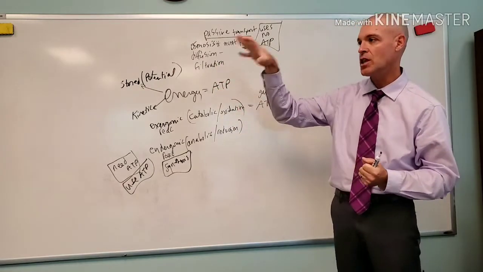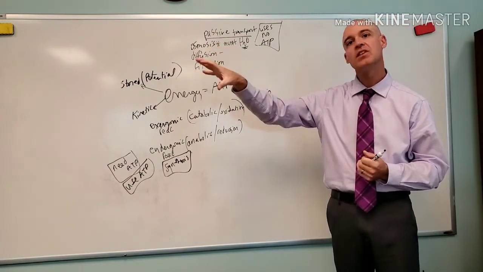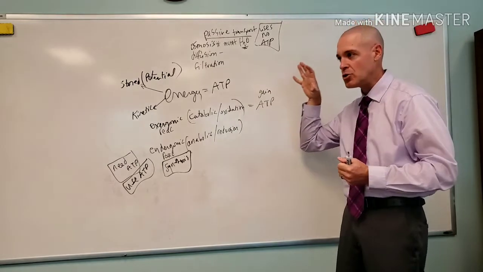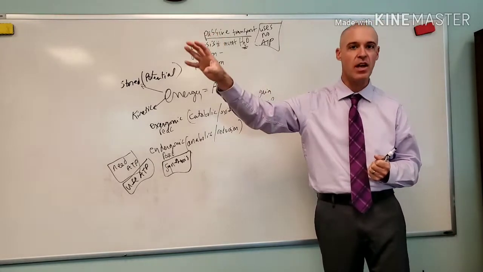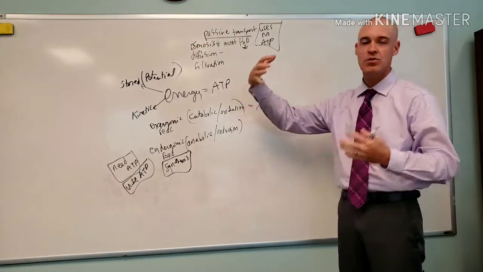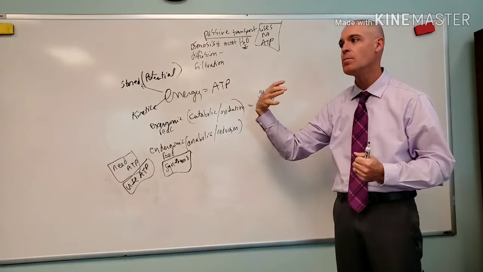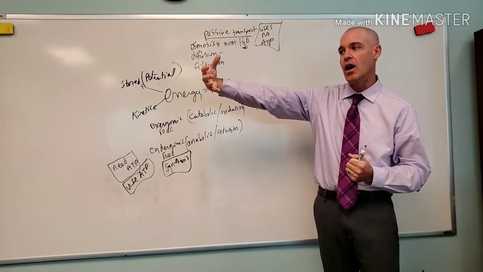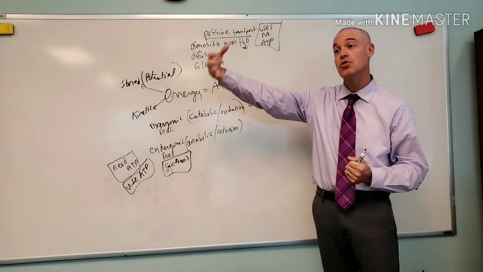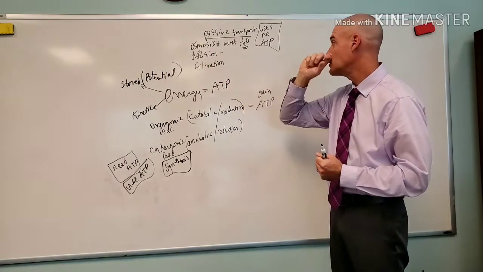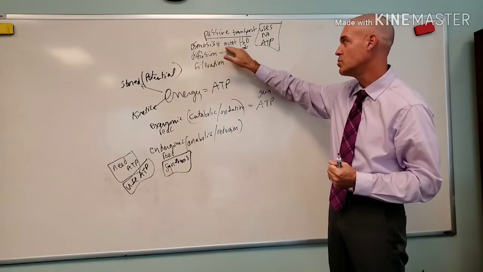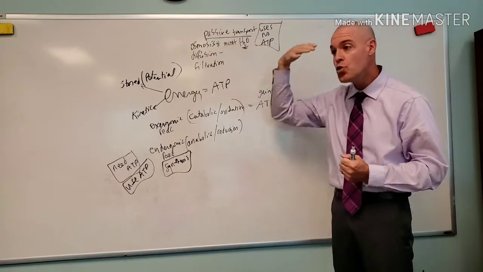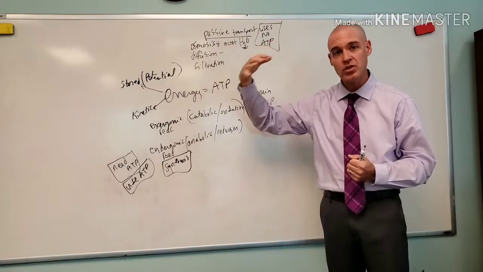So for instance, if there's a lot of sodium in the cell, water is going to be attracted to that sodium in the cell. If there's a lot of sodium outside the cell, the water is going to move to the outside of the cell. So the key thing to remember about osmosis is it's movement of water through a permeable membrane, through the cell membrane.